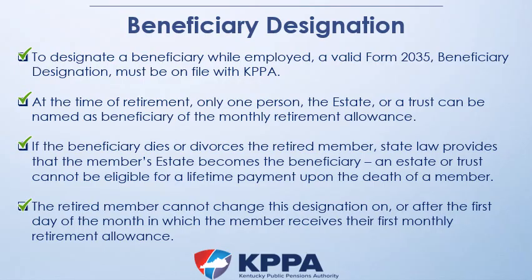We will talk about the limited circumstances which a member can change their beneficiary in the following slide. It's important to note a member's spouse is not required to be the beneficiary of a member's retirement account. Also, death or divorce nullifies a beneficiary, defaulting the beneficiary designation to the member's estate. I warn you of this since there have been instances where a member named a non-relative as the beneficiary of their account.